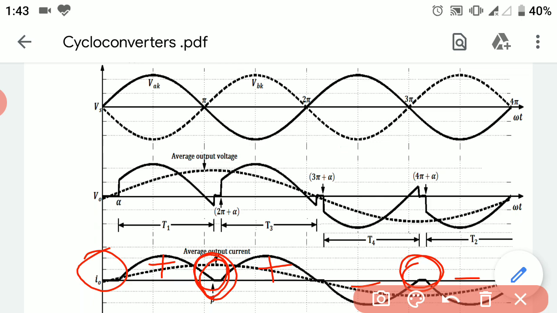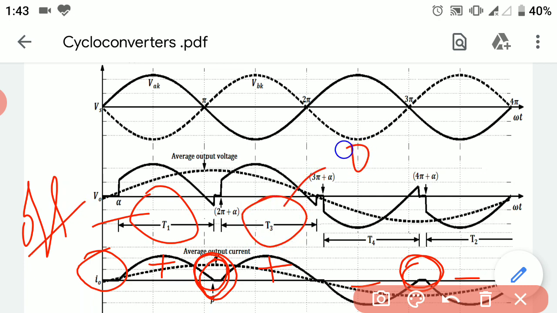This discontinuity in current is due to mismatch between the turn off time of the first thyristor and the turn on time of the second thyristor.